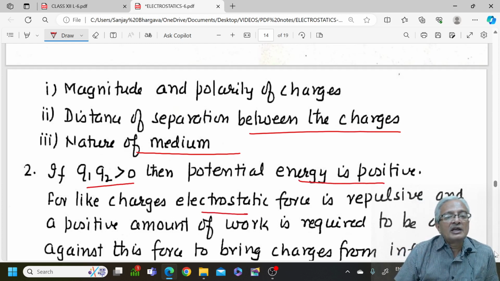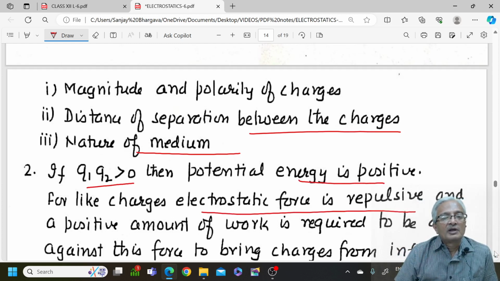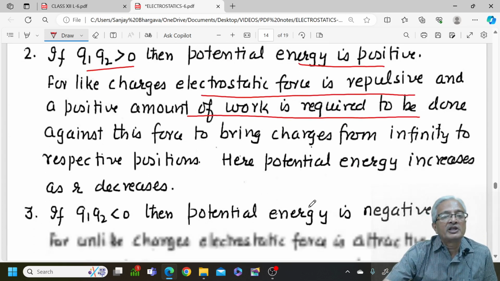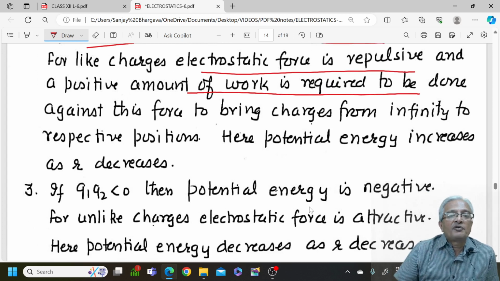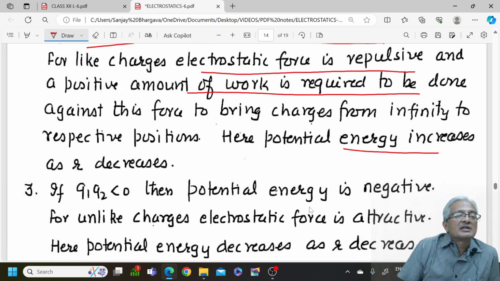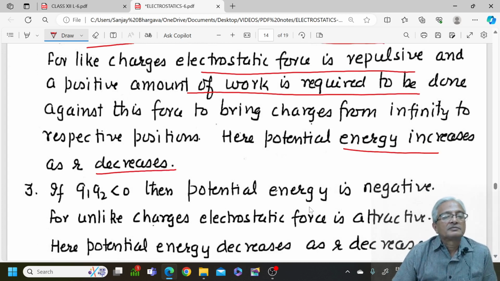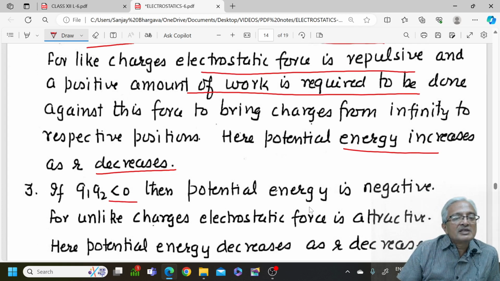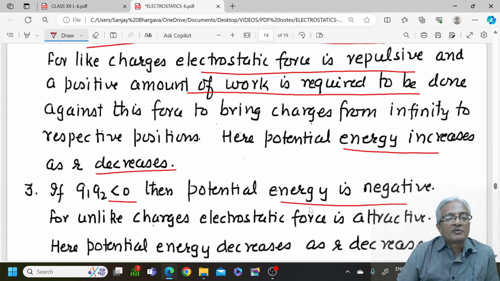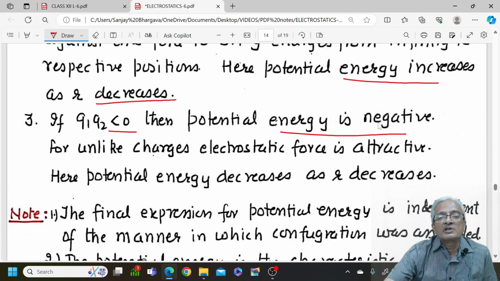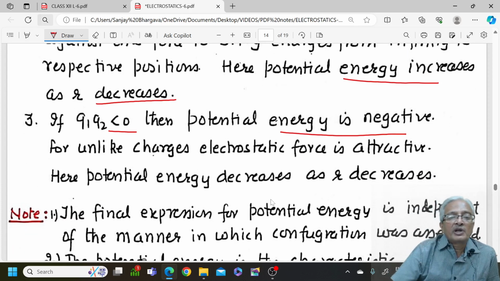For like charges, electrostatic force is repulsive, and a positive amount of work is required to be done against this force to bring the charges from infinity to their respective positions, and therefore potential energy increases as R decreases. If Q1 Q2 is less than 0, then potential energy is negative, and in that case, for unlike charges, electrostatic force is attractive. Here potential energy will decrease as R increases.